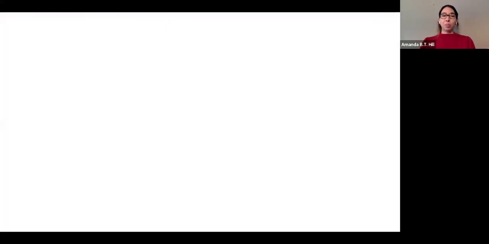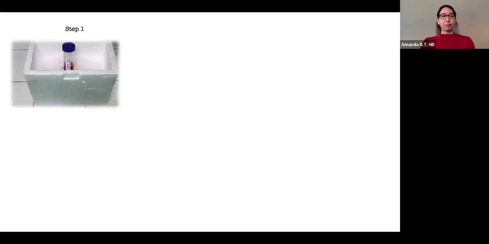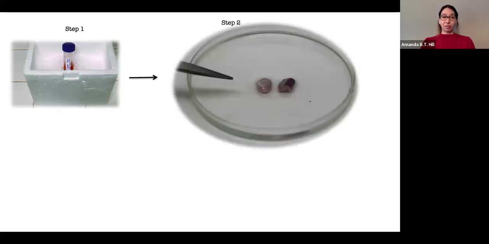So let's go through the protocol a little bit. After castration, the ovaries should be transferred into a sterile tube with PBS, which should be kept on ice until arrival in the lab. In order to wash the ovaries, they should be transferred into a Petri dish with PBS as well.